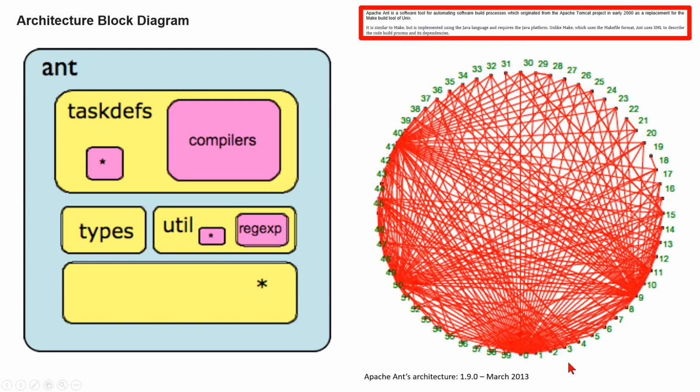Here you can see Ant version 1.9.0, released in March 2013, in Apache Ant's architecture. Here points represent packages, and lines represent use of dependencies between two packages.